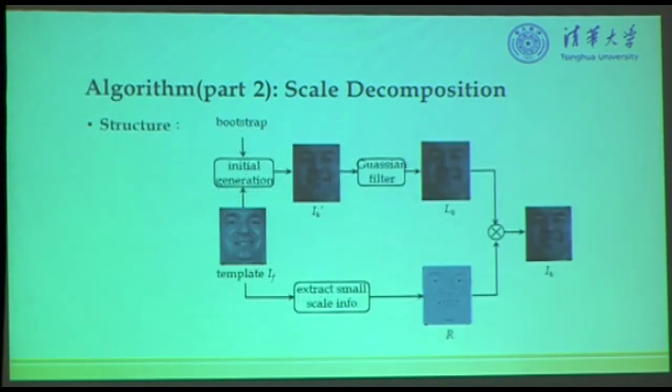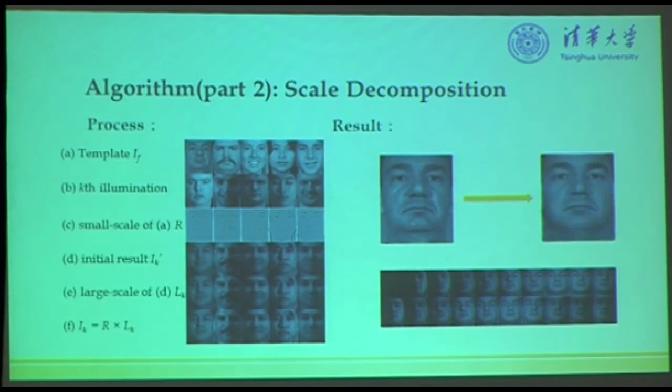This is the whole structure of our algorithm. We do the initial generation first, and we filter the result and get LK, and we extract the small-scale information from the template, and finally we synthesize the LK and R to get the IK. And this is the process of our algorithm and the result.